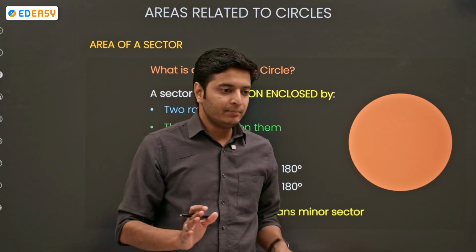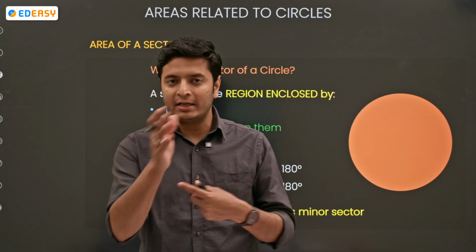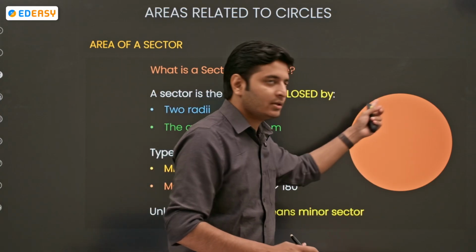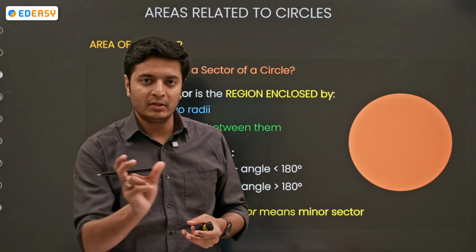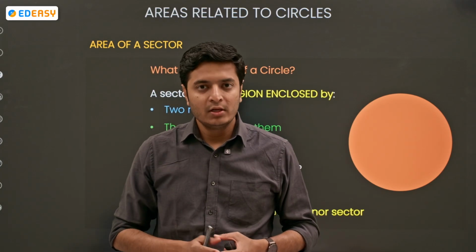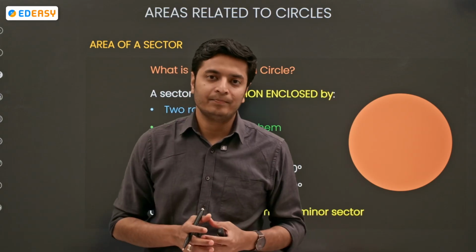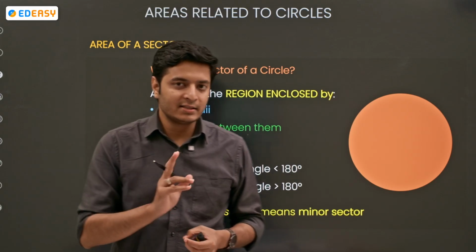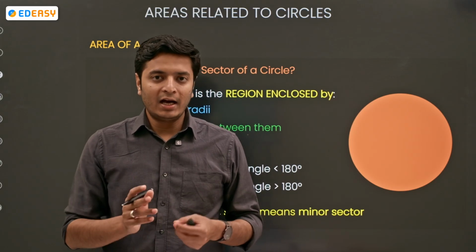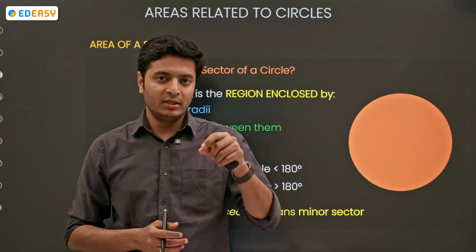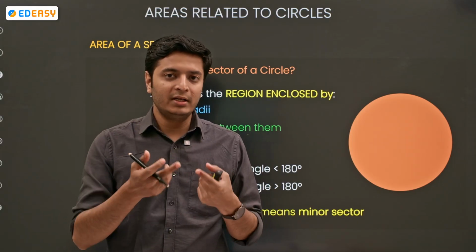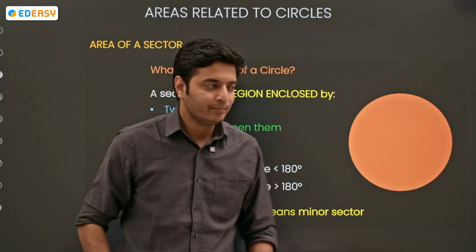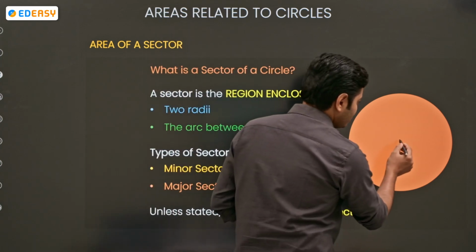Whenever we have a pizza, suppose this is a pizza, we have different slices. Then we take one slice out of the pizza. So basically we are taking a sector. If you look at these slices very carefully, they are cut in such a way that the pointed ends meet at the center of the circle, correct? Suppose this is the center of the circle.